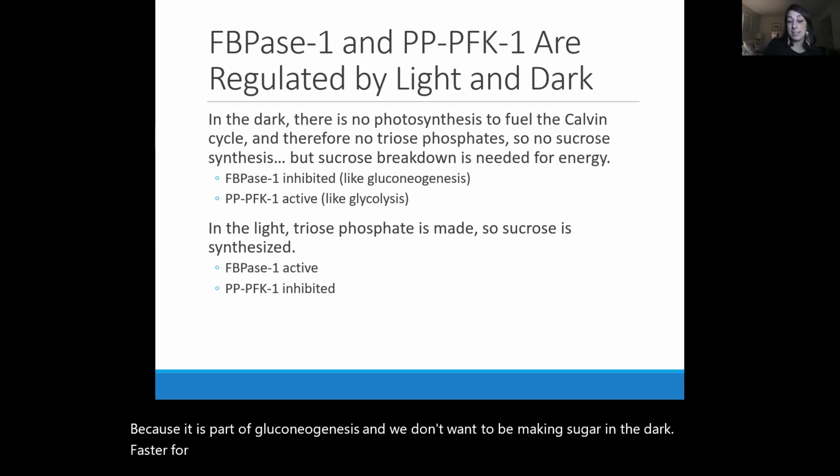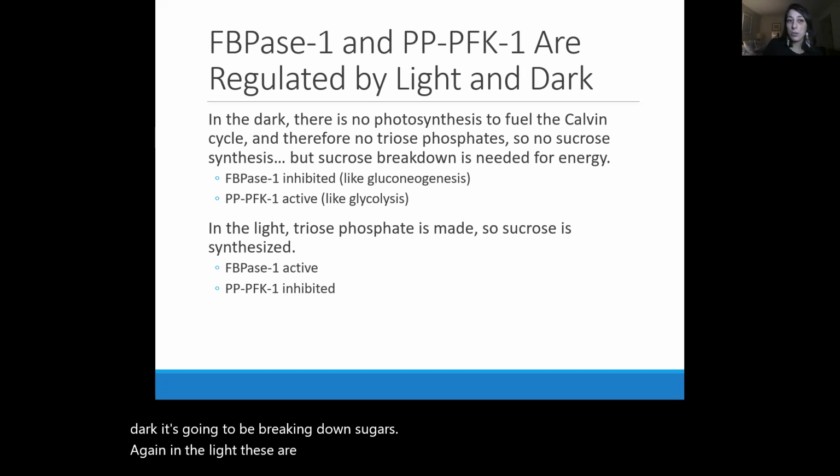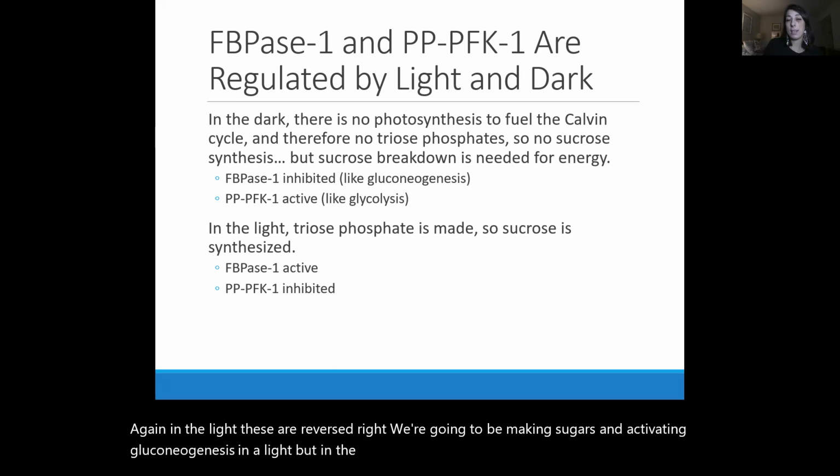Phosphofructokinase 1 is active. This is part of something like glycolysis in plants. So in the dark, it's going to be breaking down sugars. Again, in the light, these are reversed, right? We're going to be making sugars and activating gluconeogenesis in the light, but in the dark, we're going to be inhibiting glycolysis.